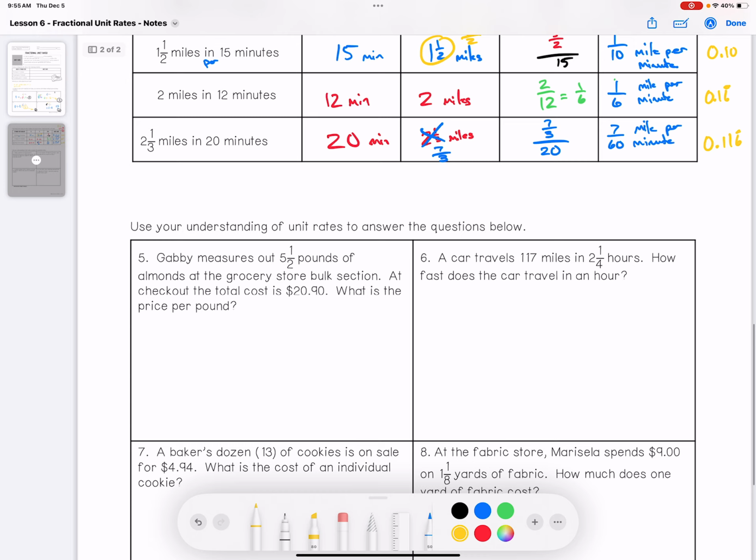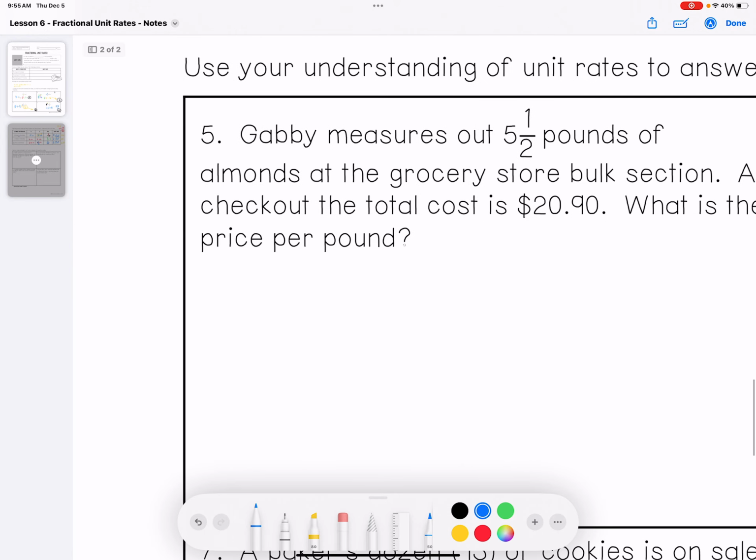All right, number 5, Gabby. Yep, our own Gabby Adams. She was measuring 5.5 pounds of almonds at the grocery store. At the checkout, the total cost was $20.90. What is the price per pound? So she bought 5.5 pounds. So we don't have to keep this as a fraction. You can turn that into a decimal as long as you have a calculator.